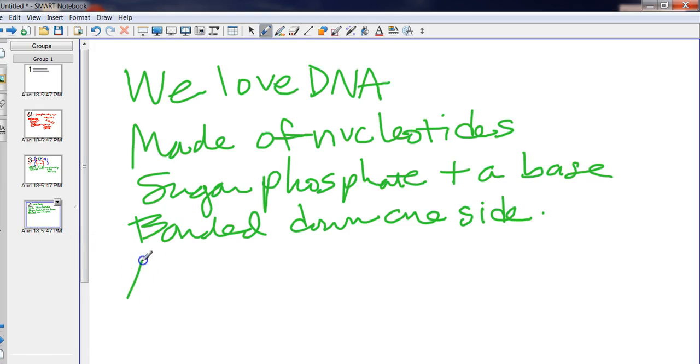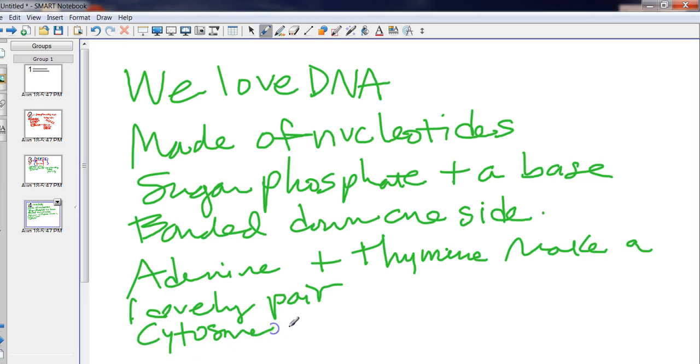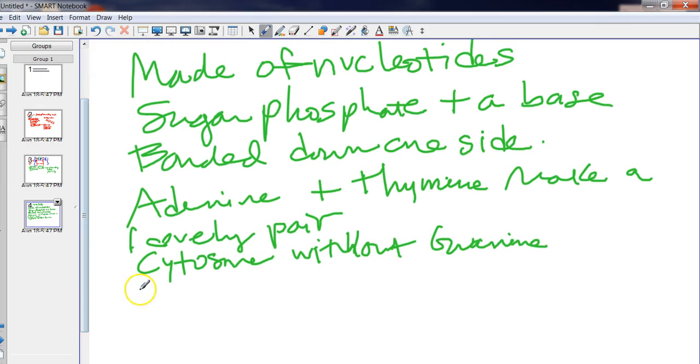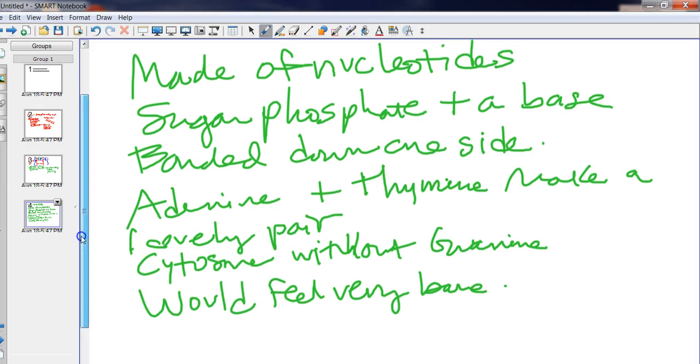Adenine and thymine make a lovely pair. Cytosine without guanine would feel very bare.